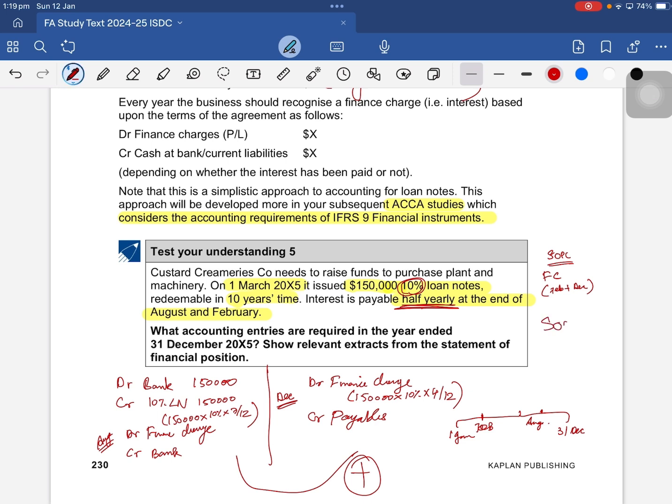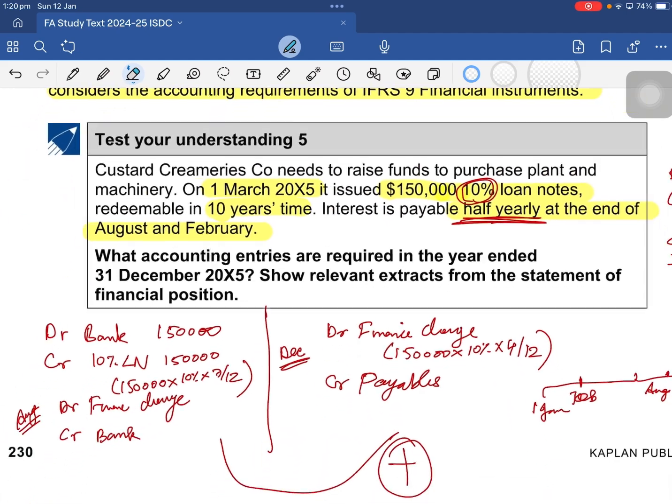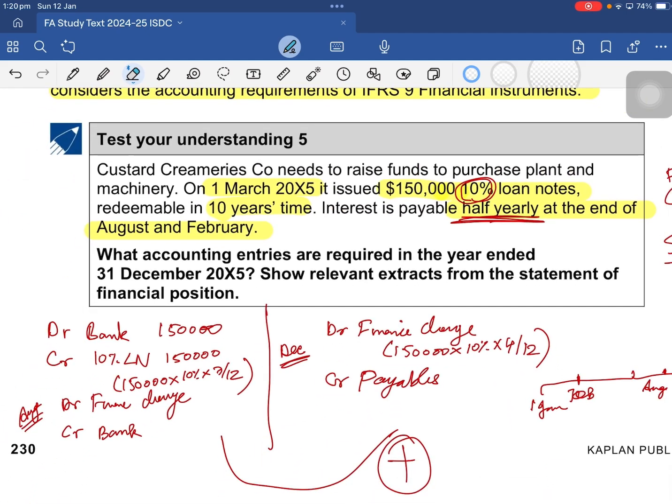But here, on 1st March, they issued loan notes. It means they got the loan not in February, only from March 2025. Exactly, so that is my mistake. So it was taken from March, right? So how much is it?